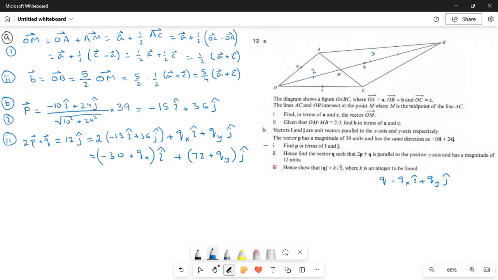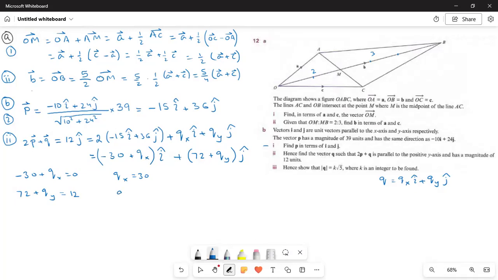Okay, very good. Now if I compare this 12j with this whole thing, it means that minus 30 plus qx must be 0. That will give me qx equal to 30. Similarly, the second part, 72 plus qy is equal to 12, right?